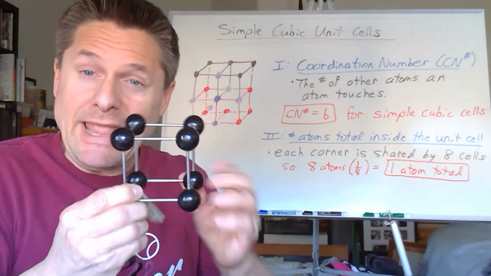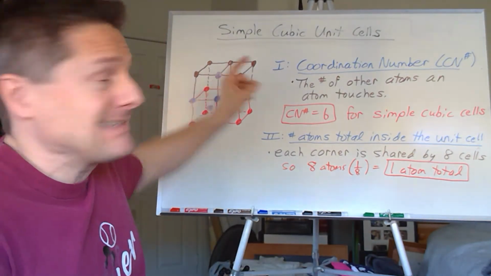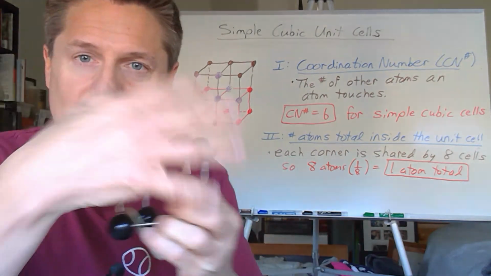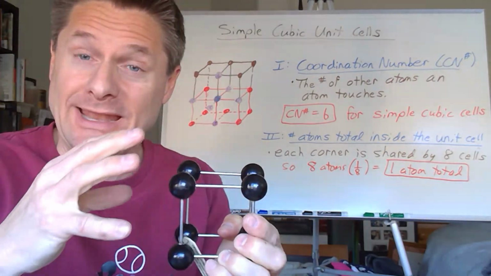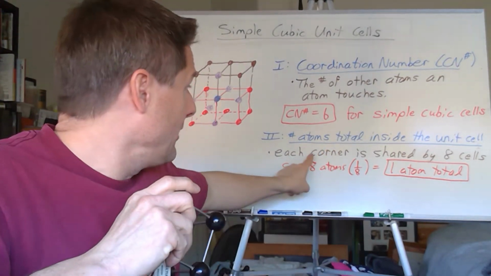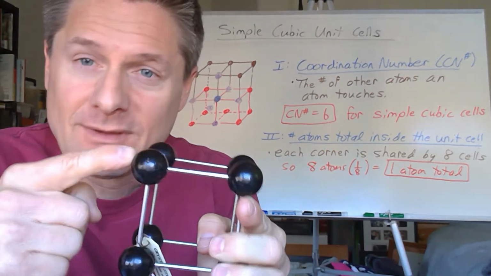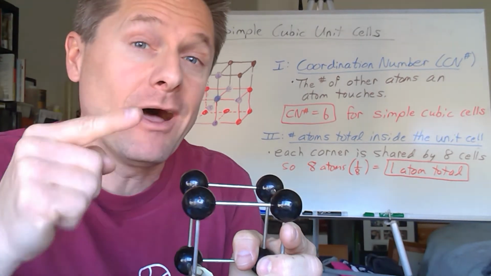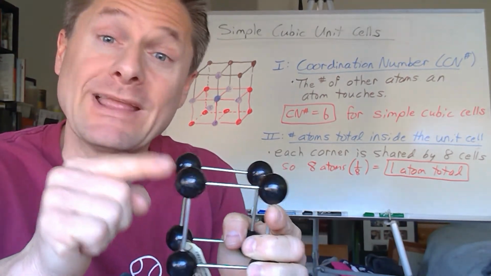All right, let's see how many atoms are in here. Like I said, it takes 8 cubes so that we can get this totally connected, which means a corner. How many atoms are total inside this unit cell? Each corner atom is shared by 8 other unit cells, so it counts as 1/8.